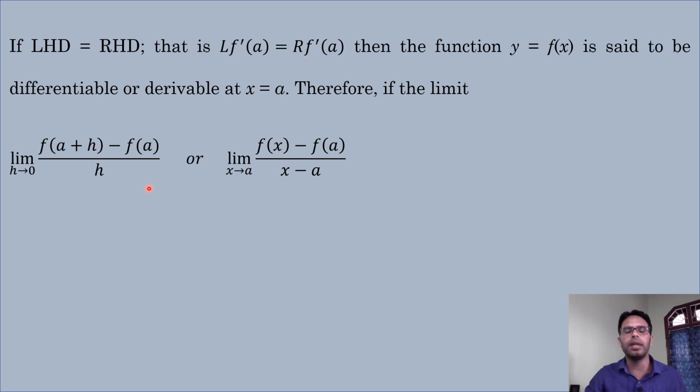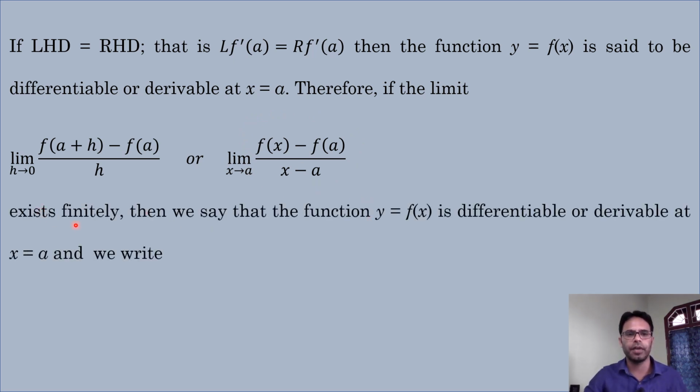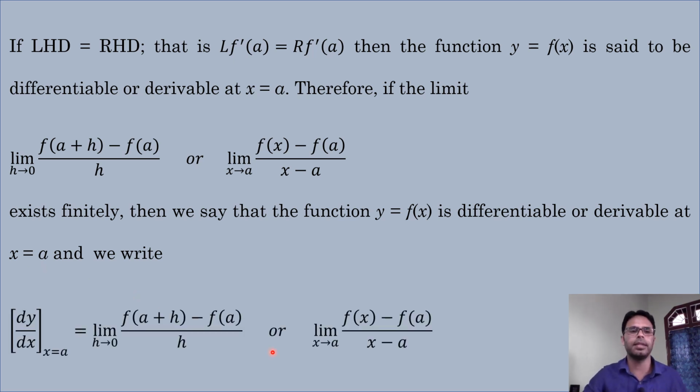So this particular limit, this or this, by taking a plus h equal to x only here. So we should generally use this, not this. If this limit exists finitely, then we say that the function y equal to f(x) is differentiable or derivable at x equal to a. And in that case we write dy/dx at x equal to a equals this, which is the definition.